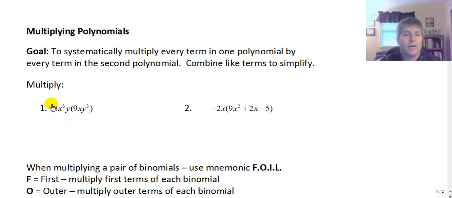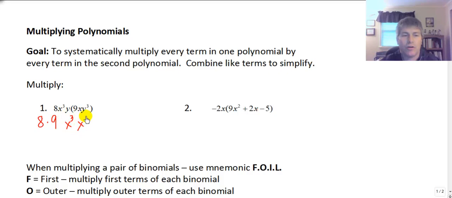So even if we're working with this first sample, where we've got one monomial multiplied by another monomial, while this is made up of several factors, what we want to do is gather the factors that we can multiply. In sample number 1, we want to multiply 8 times 9, and we also want to combine our x factors, things with the same base.